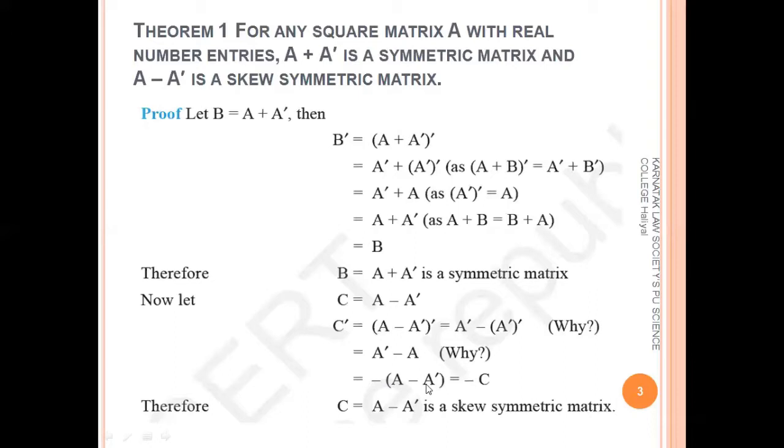So plus A dash is there in the above. So it holds A minus A dash, which we consider as C. So it is equal to minus C. Therefore, C equals A minus A dash is a skew-symmetric matrix. Remember, A plus A dash is a symmetric matrix and A minus A dash is a skew-symmetric matrix.